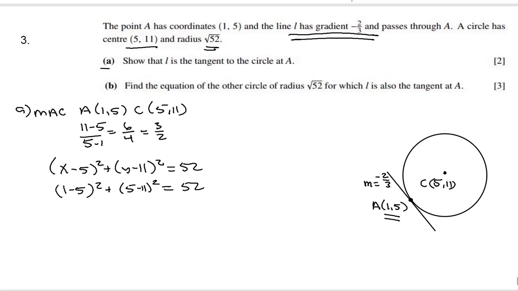Because every point on there should make this equation true. And so here I've got a 16, 1 minus 5 is negative 4, 4 squared is 16, and then this is going to be negative 6, so that's going to be 36, and when I add those together, I am going to get a 52. And so that shows that A is on the circle.